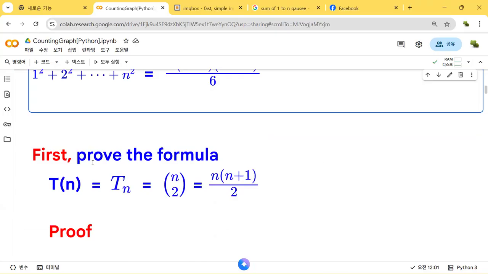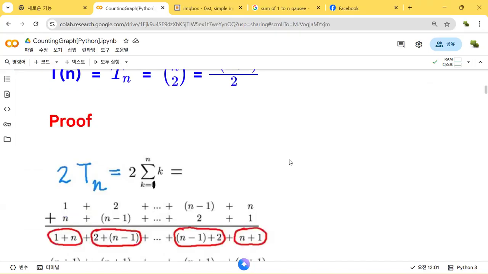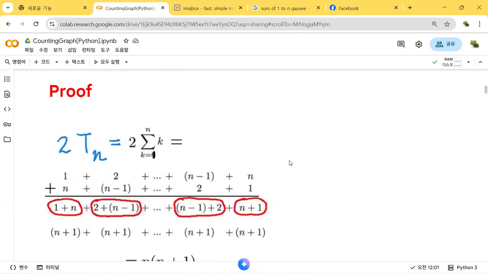So first of all, this is the triangular number formula, the sum of integers from 1 to n. But there is another method, and that is the one the famous mathematician Gauss invented.